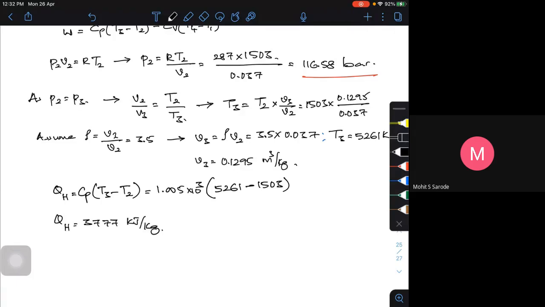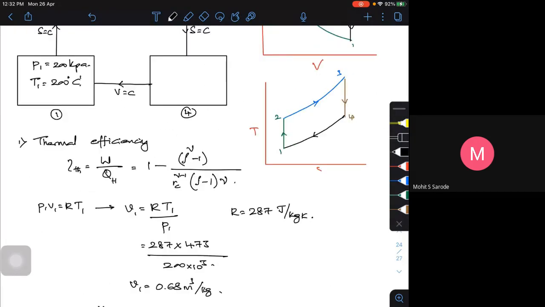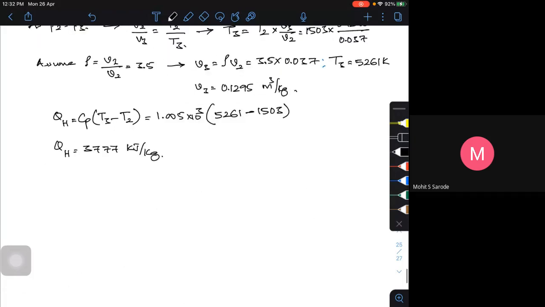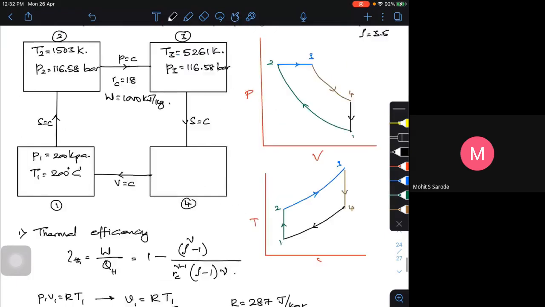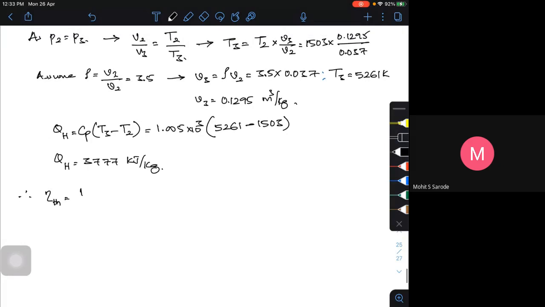kilojoules per kg. So what is my thermal efficiency? Thermal efficiency is nothing but work done by heat supplied. I can use the first formula. Therefore, the thermal efficiency is equal to work done, which is given as 1000 kilojoules per kg, divided by QH, which is 3777.7.